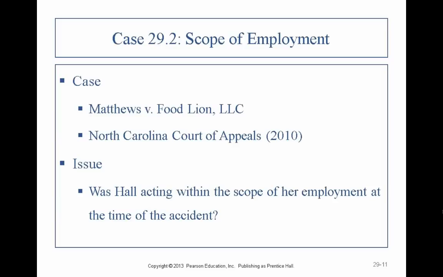And it came down to scope of employment, right? Because this is where respondeat superior and the concept of vicarious liability come in.